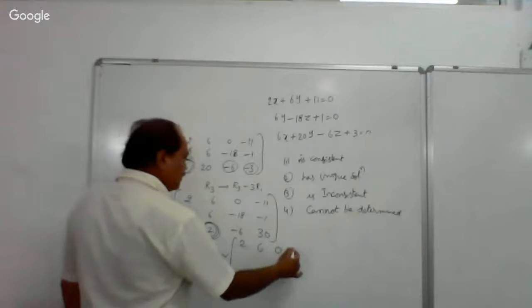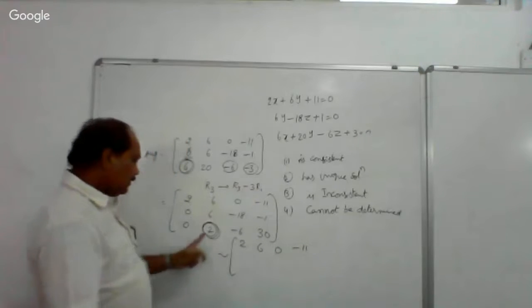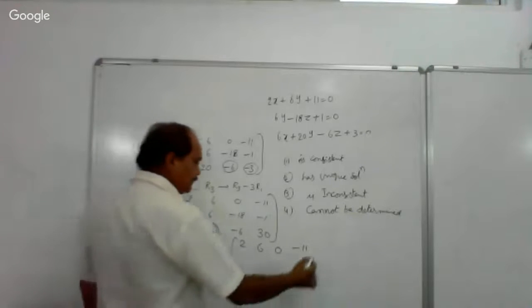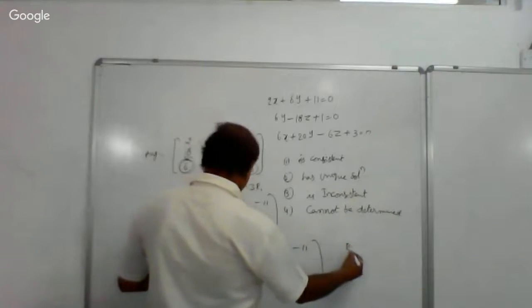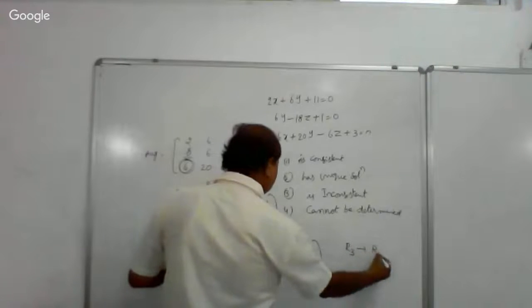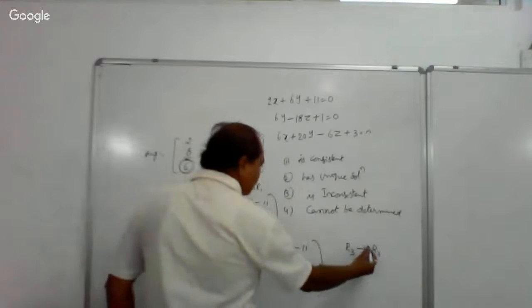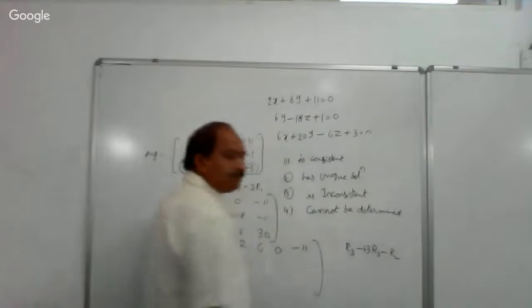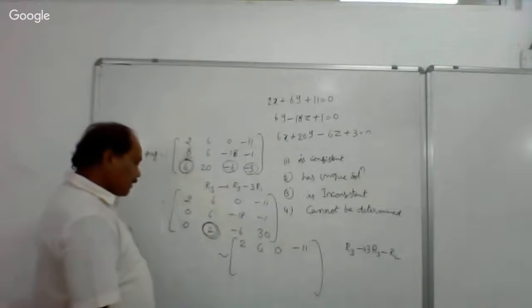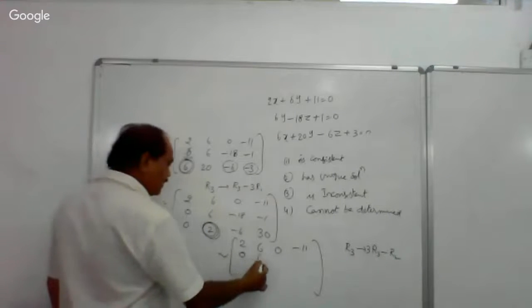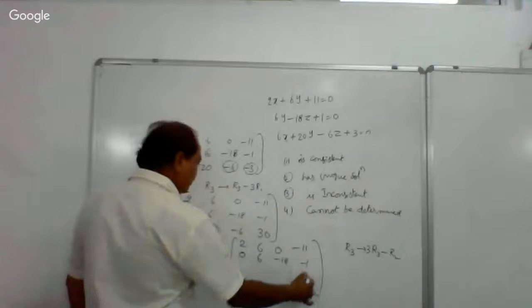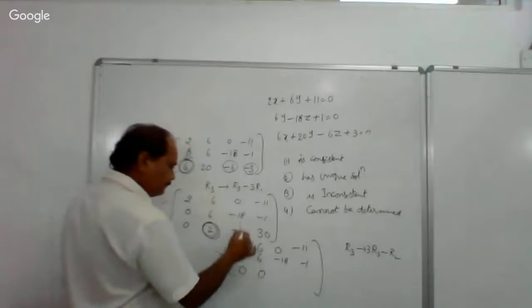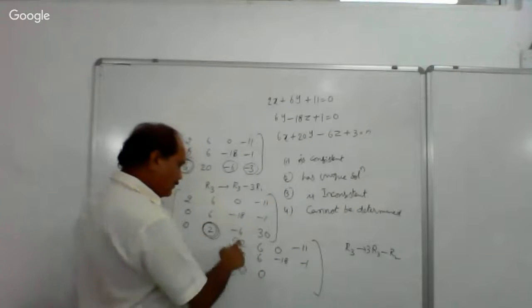Now 2 6 0 minus 11. While making 0 here, use R2 only. Therefore, instead of R3, R3 minus R2. Okay. Now second row as it is, 0 0, it is also 0.